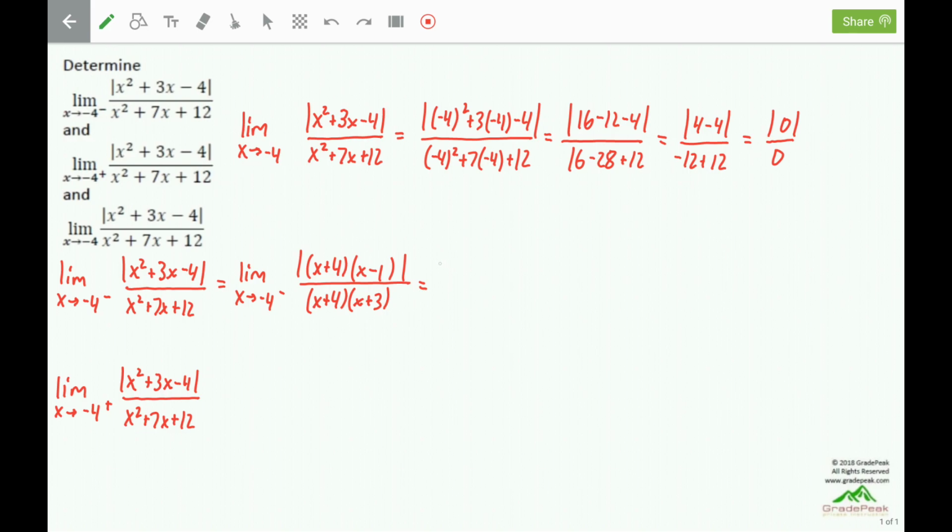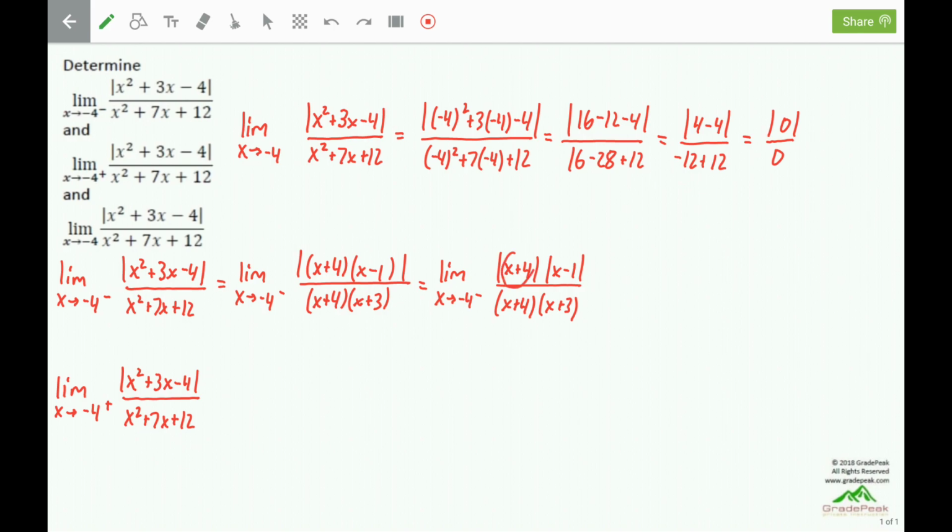The next thing to do is break up the absolute value of the product into the product of the absolute values. So we can separate into the absolute value of x plus 4 times the absolute value of x minus 1, all over x plus 4 and x plus 3. And now we can analyze it according to the side we're coming from. We have the left side of -4 here. The left side of -4 on the number line is more negative than -4, like -4.01.